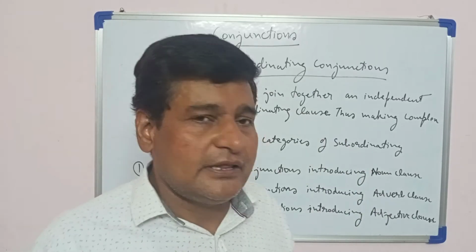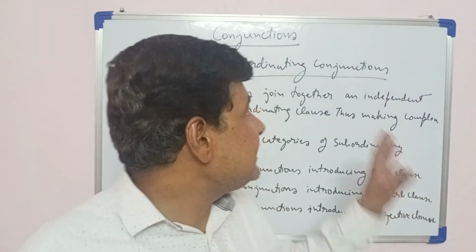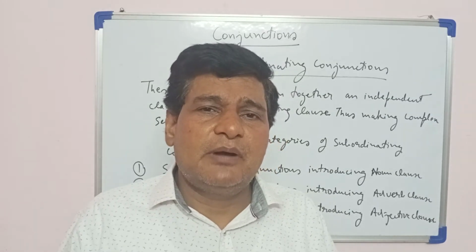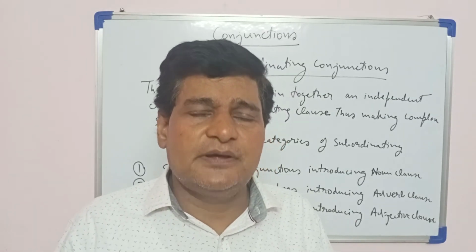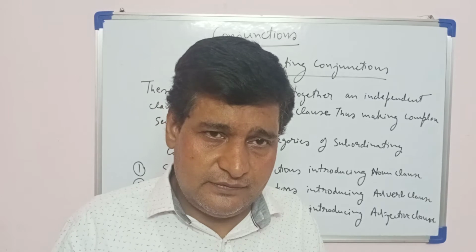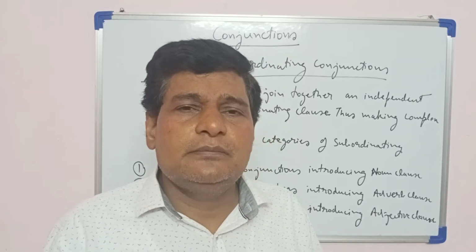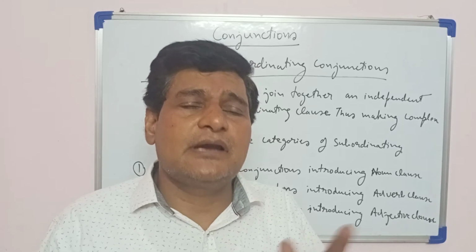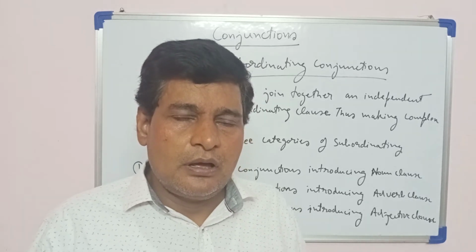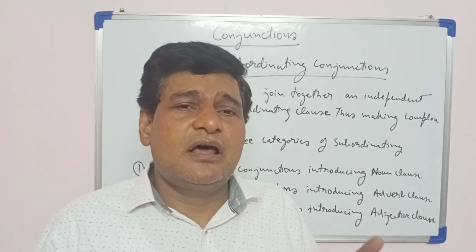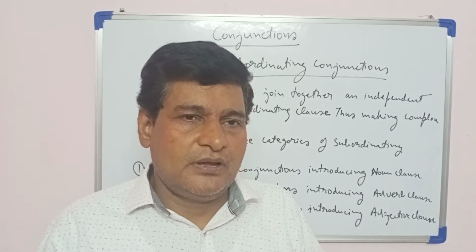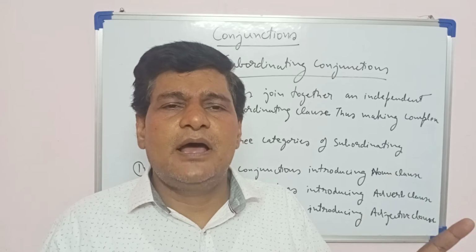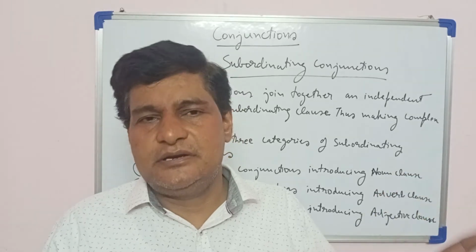Before we proceed further, let's have a recap. What are subordinating conjunctions? Subordinating conjunctions help us in making complex sentences. These join independent clauses with dependent clauses, and these are of three categories. They introduce noun clause, they introduce adverb clause, they introduce adjective clause.